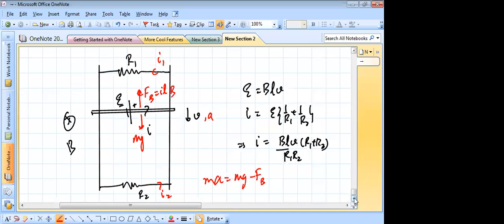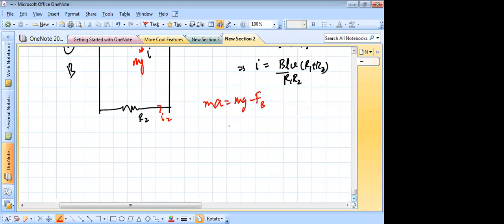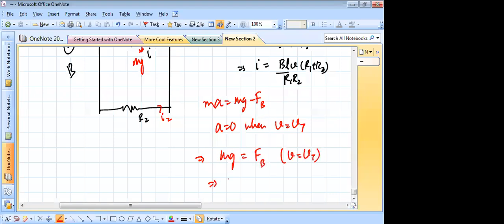When the terminal velocity condition is reached, the acceleration is 0. So mg should be equal to F_B when the velocity is equal to the terminal velocity. So mg should be equal to ILB when v is equal to the terminal velocity.